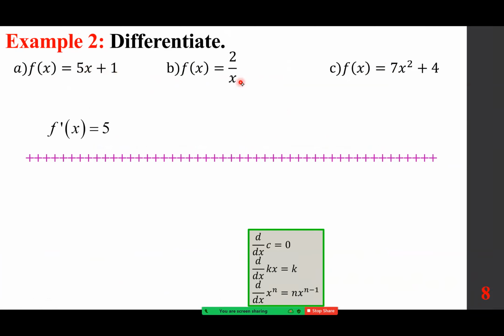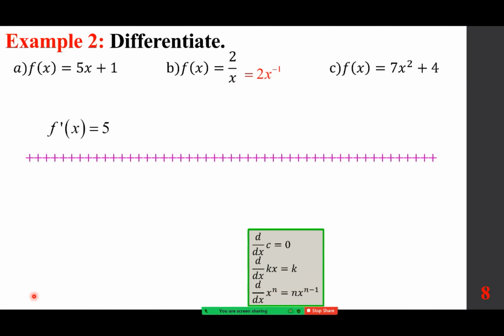However, if you want to do part B, the way it's given, we cannot use the power rule. So we are going to rewrite this as 2x to the power of negative 1, and therefore we can use the power rule here. So now that we wrote it in this format, we're going to say 2 times negative 1, which is minus 2.